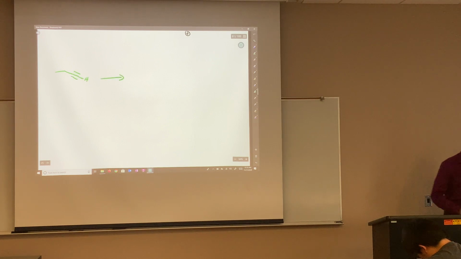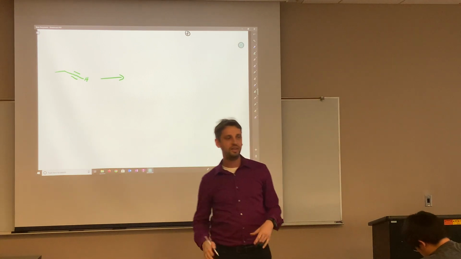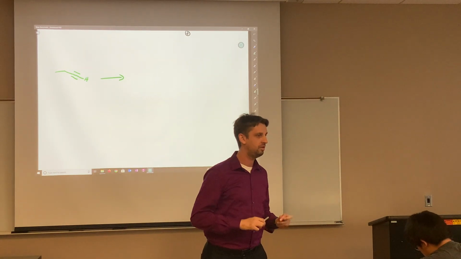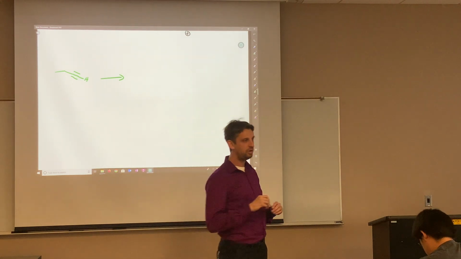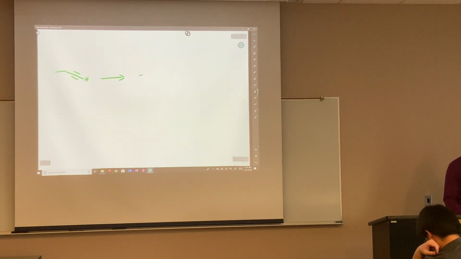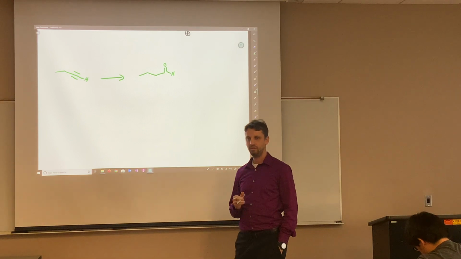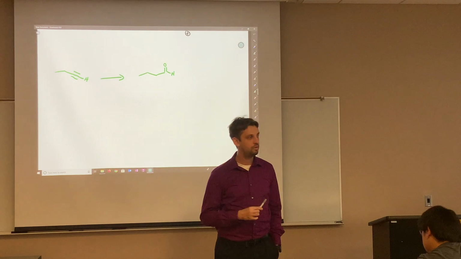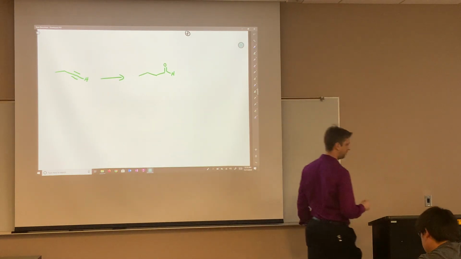Okay. Now look, now we've got an alkyne, right? We've got an alkyne that's at the end of a chain. Yes, a terminal alkyne. Good. I want you guys to think. What do you think we need to fill in the blank here?